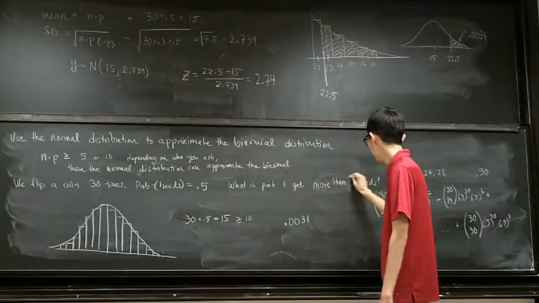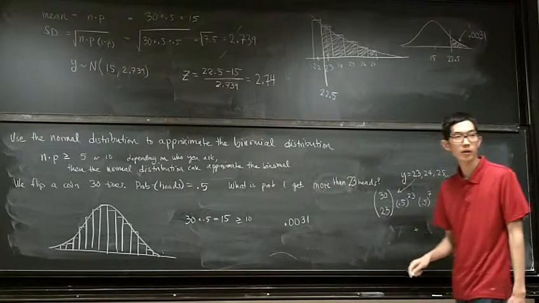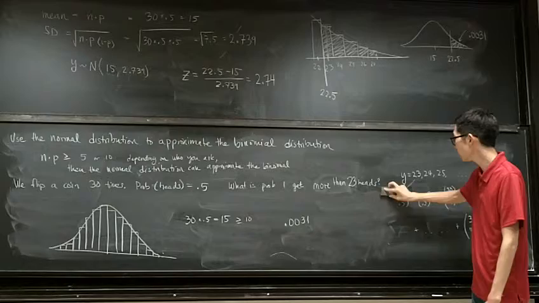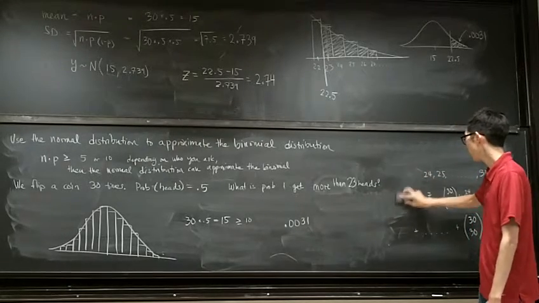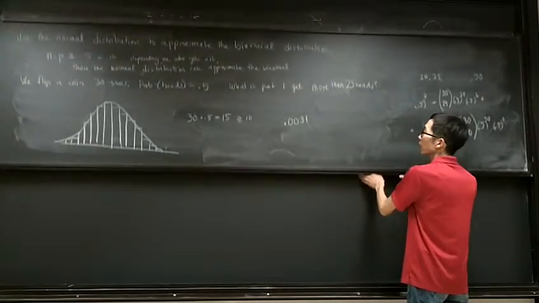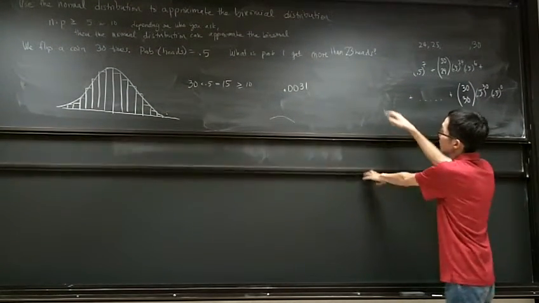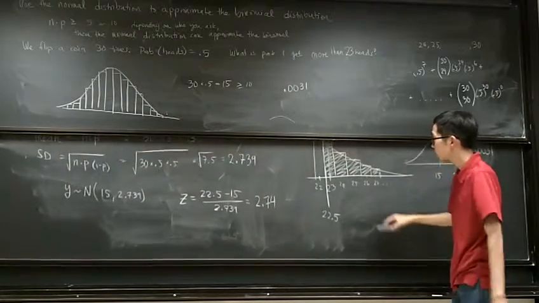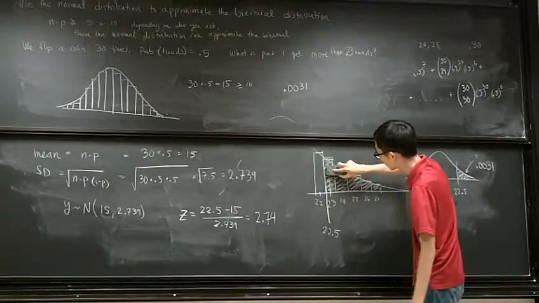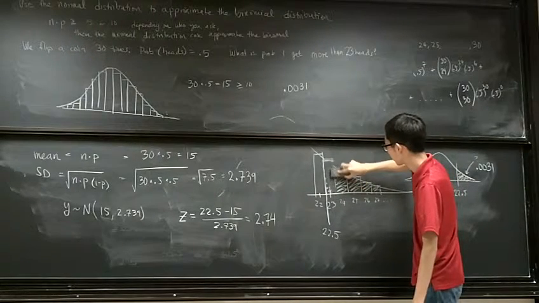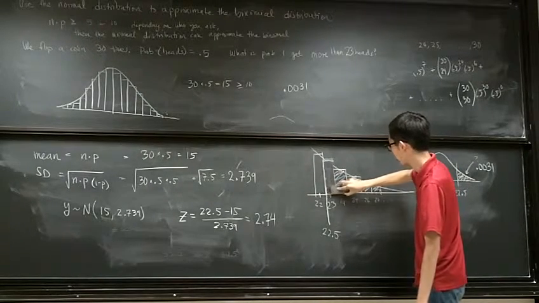What happens now? You have to work with 23.5? Yeah, so in this case, I don't want to include 23. I start at 24 and I go up. When I do my normal approximation, I don't want the bar for 23. I only want the bars starting at 24.